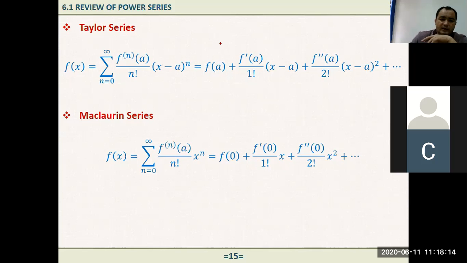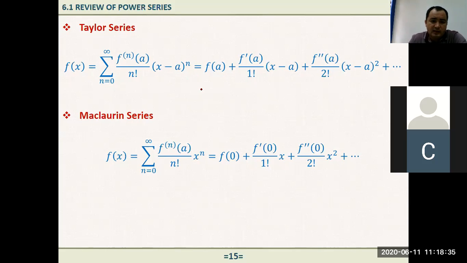How? That f of x is equal to, and also we get this from the power series, the sum of the nth order derivative of f at a over n factorial times x minus a to the power n. If we just expand it, what we have here is f of a plus f prime of a over 1 factorial times x minus a, and so on.